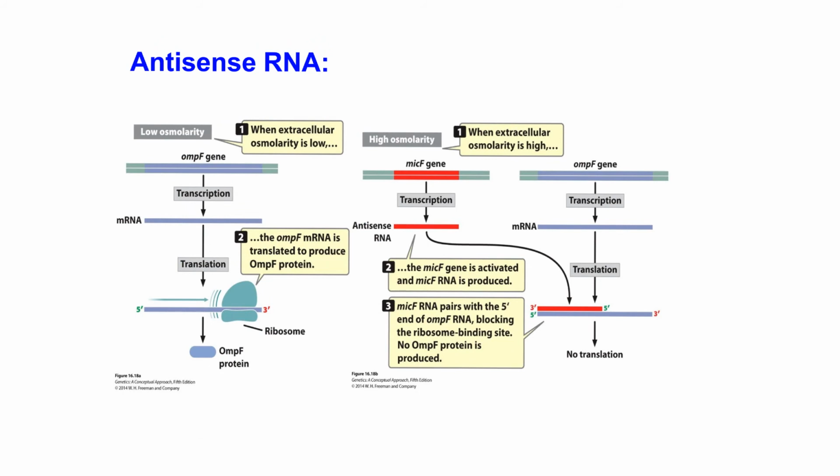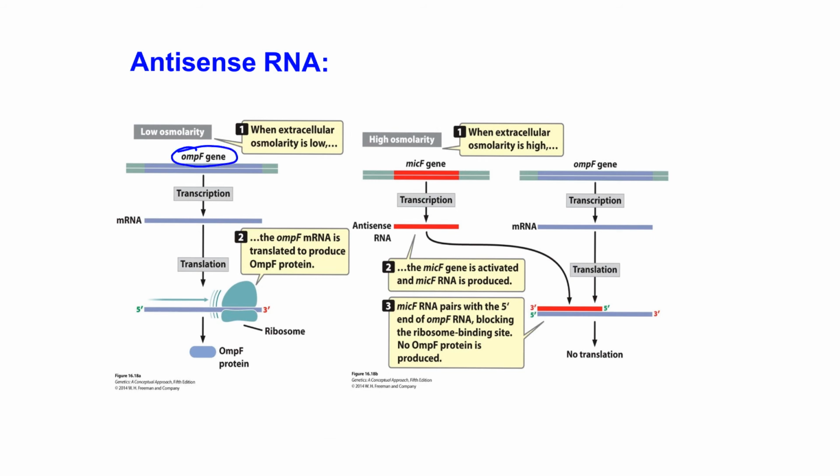Antisense RNAs are short RNAs which are complementary to a particular sequence in mRNA. You have an example here of the OMPF gene. This gene, outlined right here, encodes a protein which functions as a channel for the passive diffusion of small polar molecules such as water or ions.